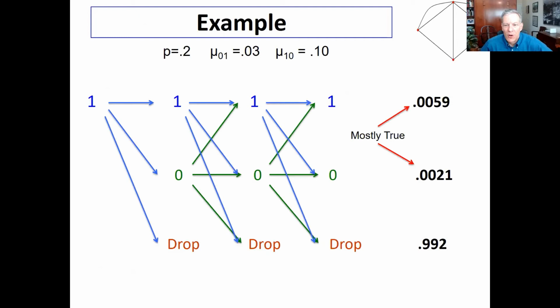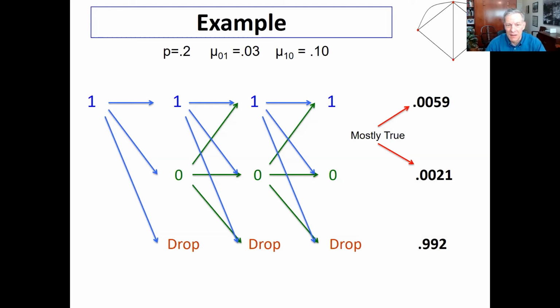So when we go back to our example, after 3 steps, most of these were true still. Most of the messages dropped, but if we had lots of sources starting this out, and they were only traveling distance 3, most of them would still be true. So it'd be like a 3-to-1 ratio of true to false messages. For these particular numbers, mu01 and mu10, we could ask: if the state starts out as a 1, there's a higher chance that it's going to change from a 1 to a 0 than from a 0 to a 1, right?